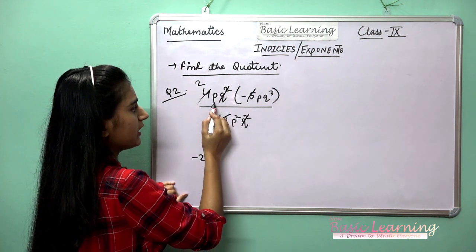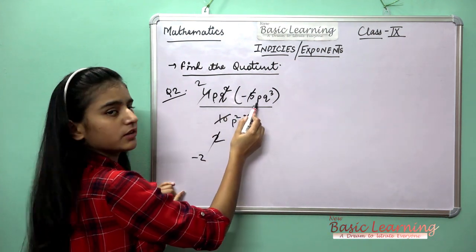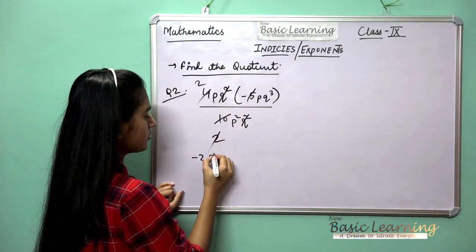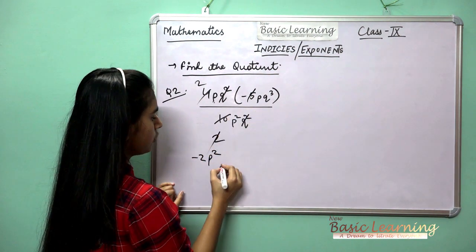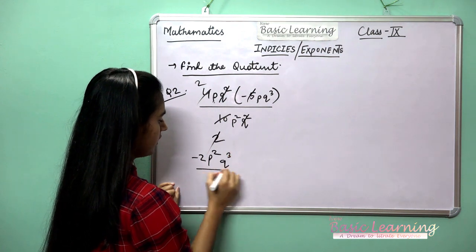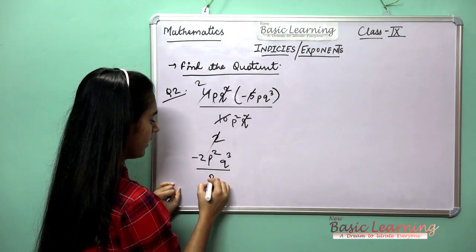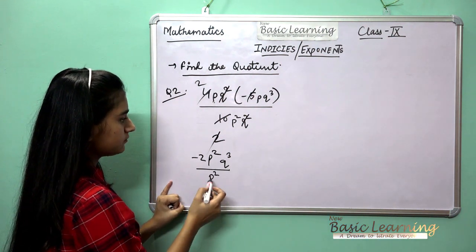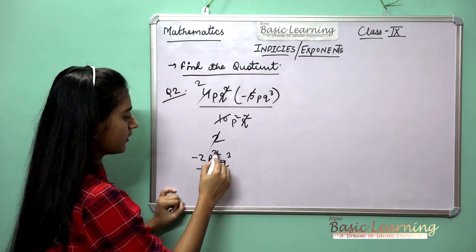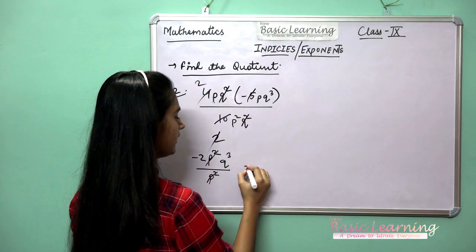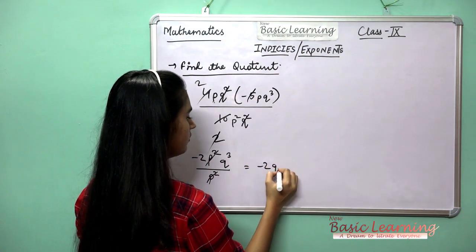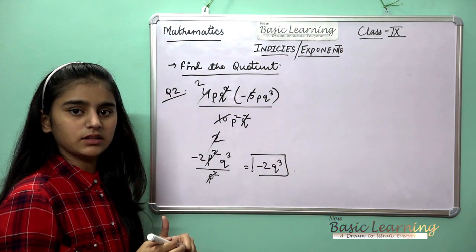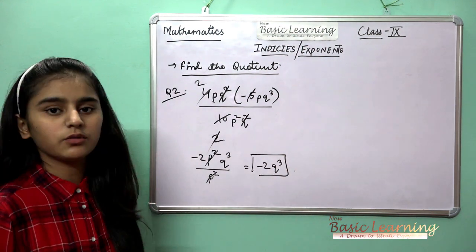When we multiply 4 by p by p, we get p square, and q cube upon p square. Then p square is also cancelled by p square, and we get the answer minus 2q. This is the answer.